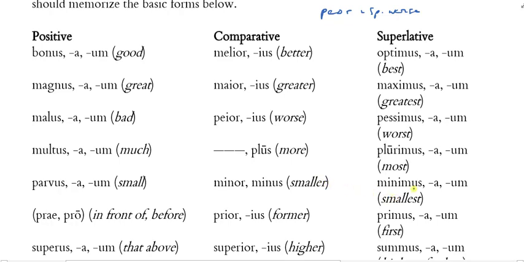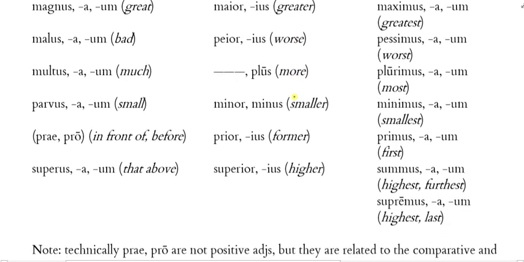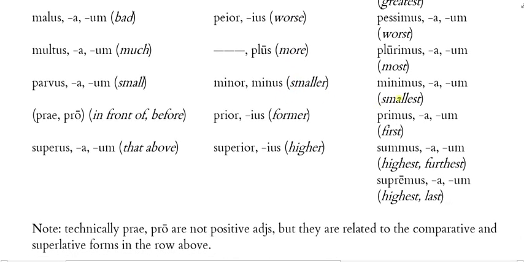And a lot of these are Latin roots in English, so this hopefully is ringing some bells with you for words you know in English. All right, we have the forms pri and pro, which have the sense of in front of or before. The comparative prior, prius for former, and then primus for first.